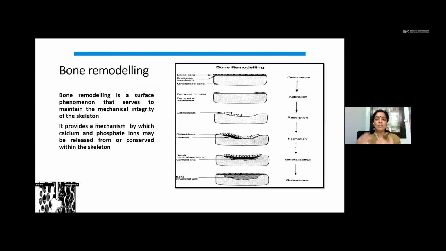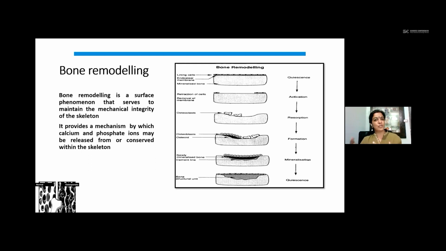When the body senses that there is less calcium in the blood, a signal goes to the brain, and from the brain it comes to the bone, and ultimately that signal tells the bone cells.